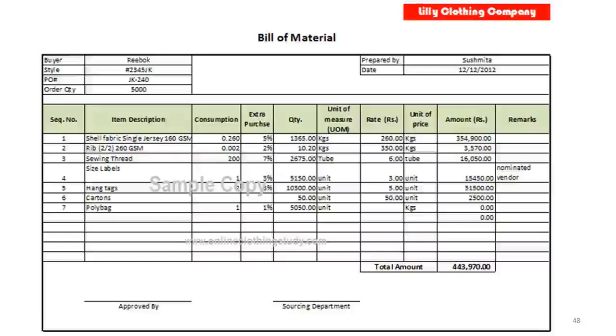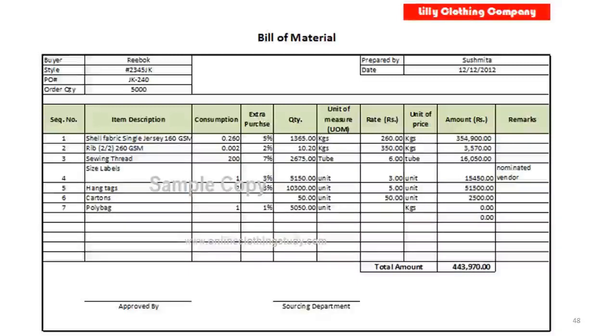Then we have the tricky part, which is the extra purchase, and this is what we had talked about in the percentage utilization. The normal wastage in case of fabric is 5%. So that's why whatever you want, actually 260 gram of shell fabric, you will order at least 5% extra. In case of rib, because the wastage is less, you just buy 2% extra.